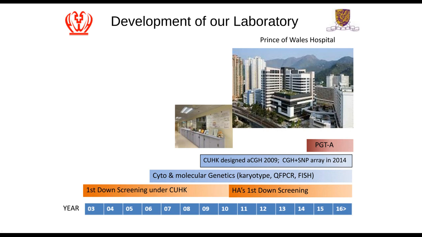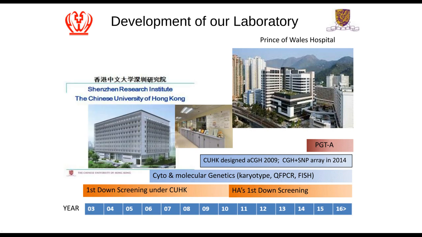So with this array of tests, you can see this is our hospital campus where we are, and we have also developed another wing of the research unit in China, so that we are able to cater to the needs both in Hong Kong as well as those from China.